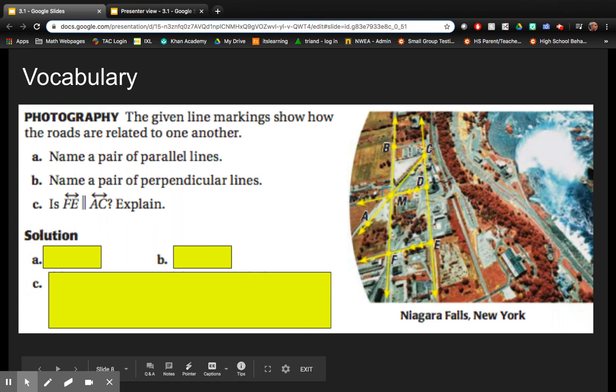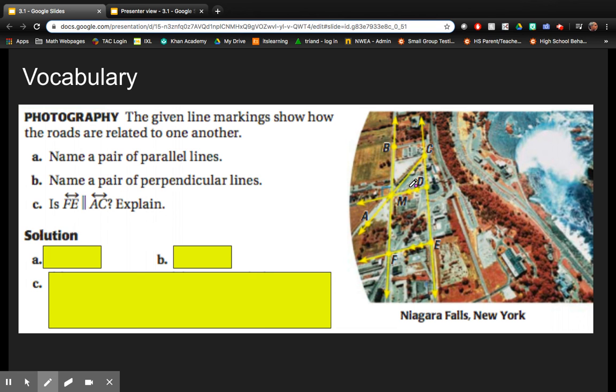The given line markings show how the roads are related to each other. So as you can see in the diagram, they have CE, a street, BF, a street, CA, a street, DM, a street, and EF, a street. It says name a pair of parallel lines. When you're naming a pair of parallel lines, look for the markings on the line.